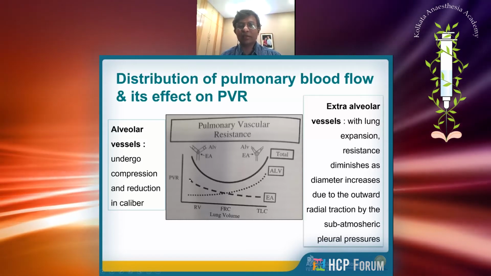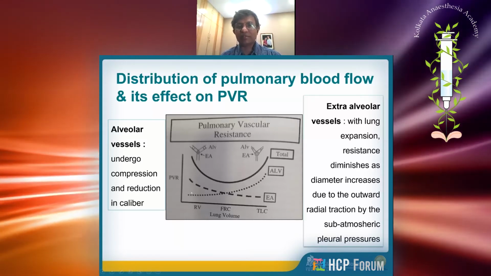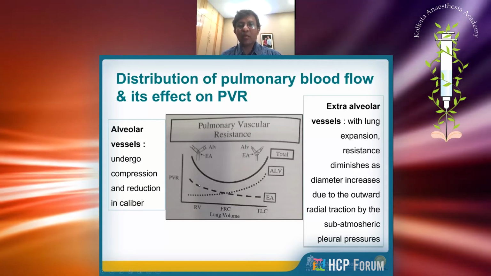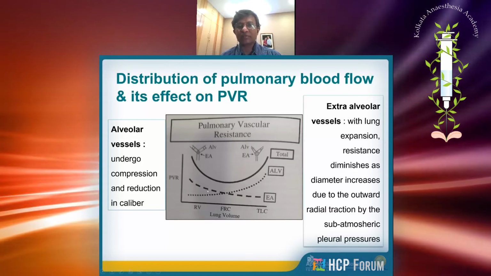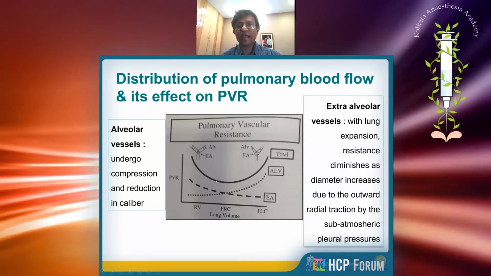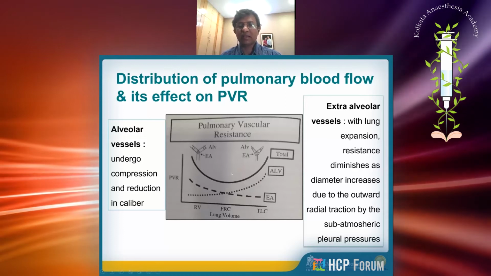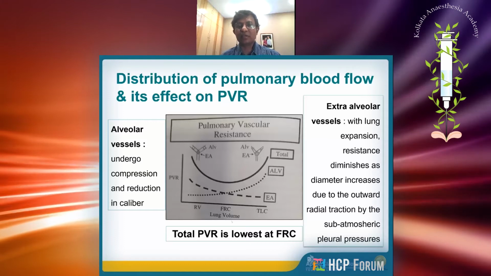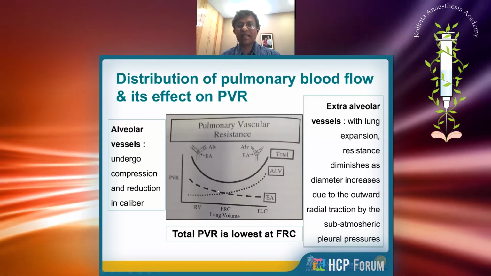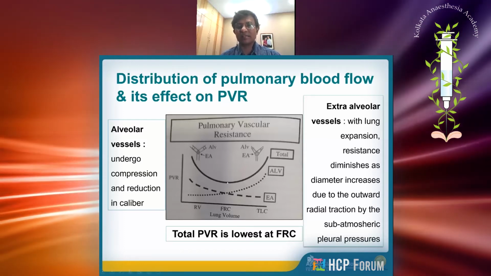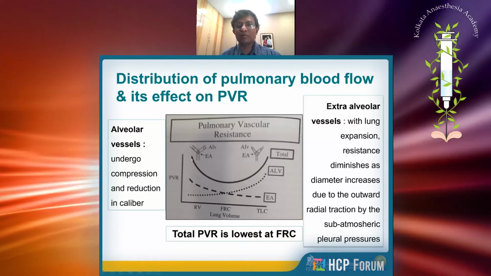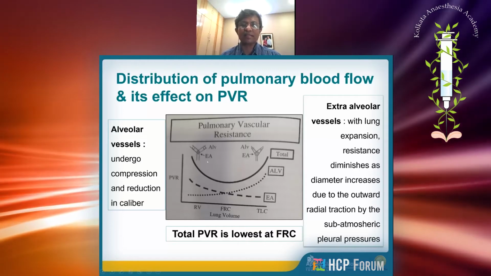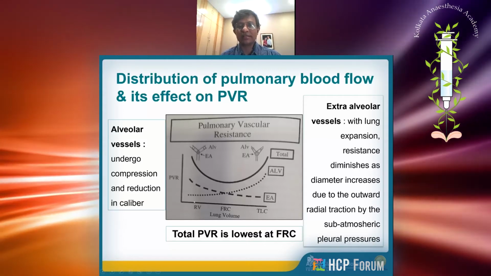When you merge these two graphs together, you get this bold line, which is the total pulmonary vascular resistance, and therefore the total pulmonary vascular resistance is the lowest at FRC, and it will increase as you go towards the extremes, that is, towards total lung capacity or towards the residual volume.